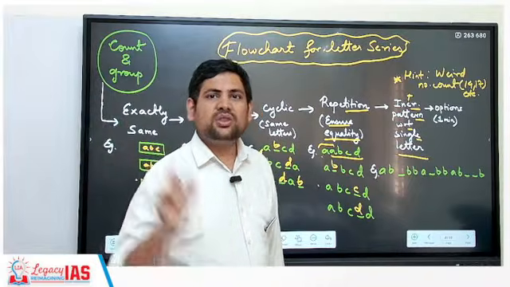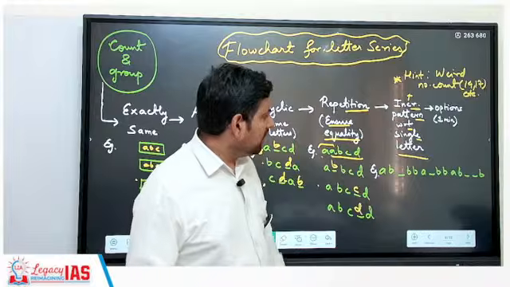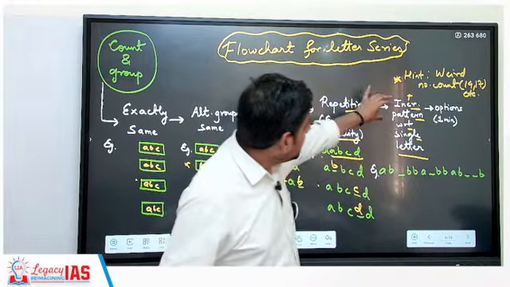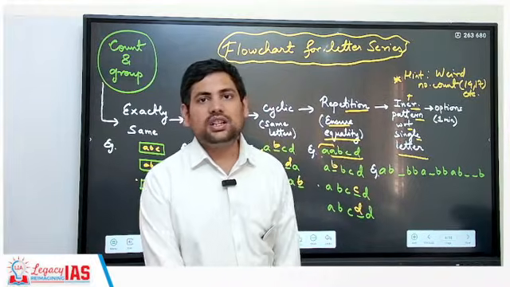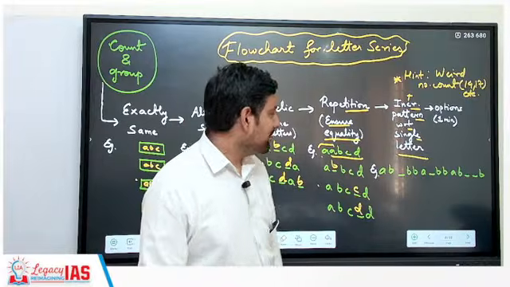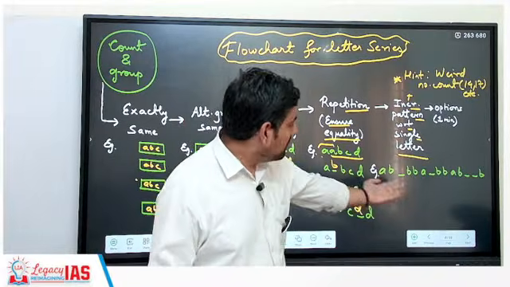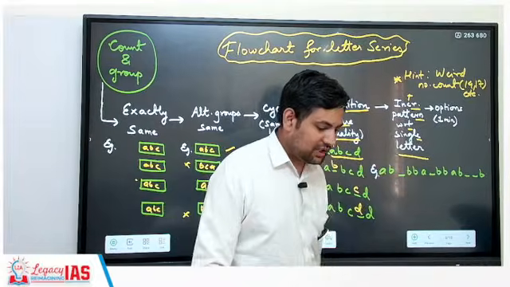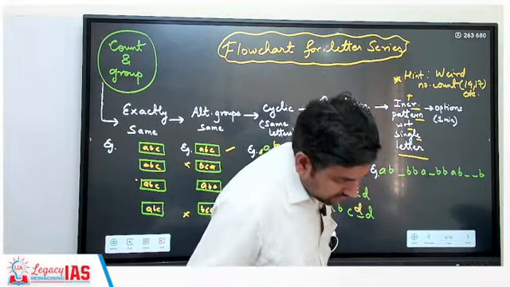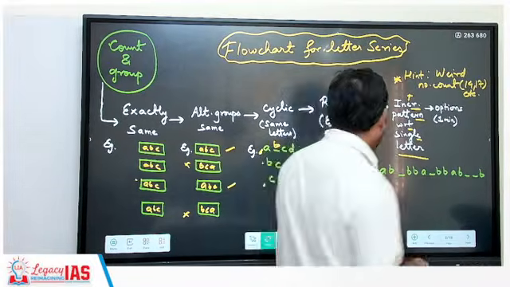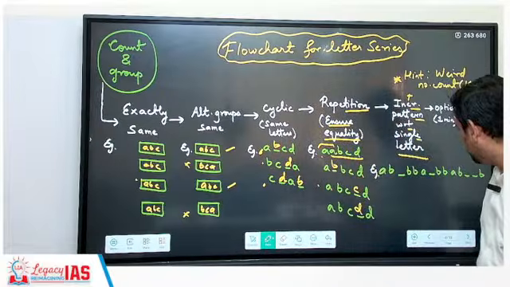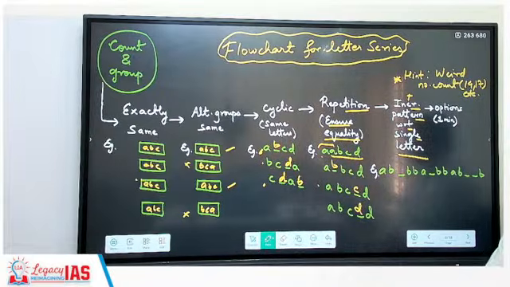So the group length is not equal. If the group length is not equal, they usually involve an increasing pattern with respect to a single letter. If you want, you can try this. What do you think this pattern is? A B dash B B A dash B B A B double dash B.